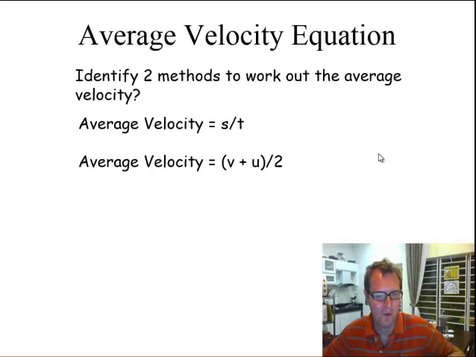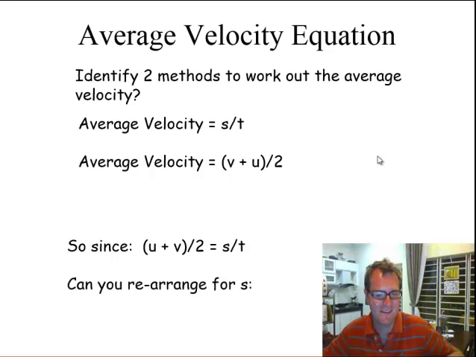Now as these two formulas both equal the same thing, it means that I can say that (u + v) divided by 2 is equal to s divided by t, and this can be rearranged for s to show my first equation of motion, which is displacement is equal to the sum of the initial velocity and the final velocity divided by 2 multiplied by time.